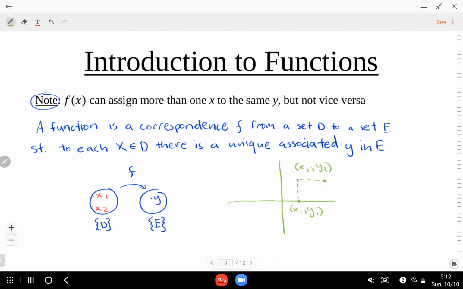We can have x1, y1, and then x2, y2. Cross out this, and we can have this horizontal line right here. You see that they have different x's corresponding to the same y, and that's allowed in a function. But if you see a vertical line, that's not allowed. If you see a horizontal line, then that is allowed.